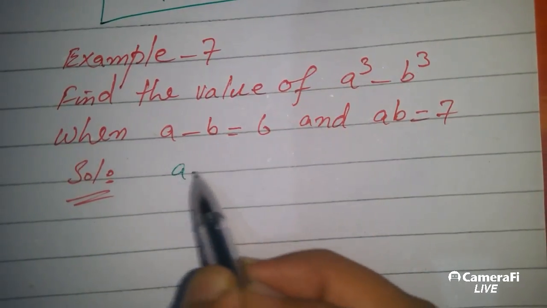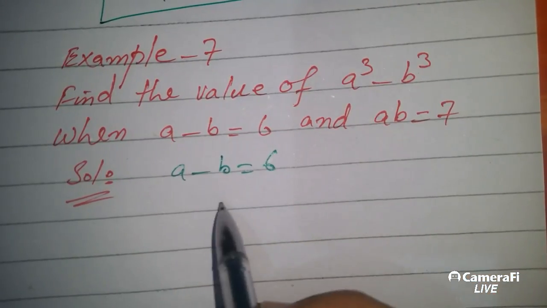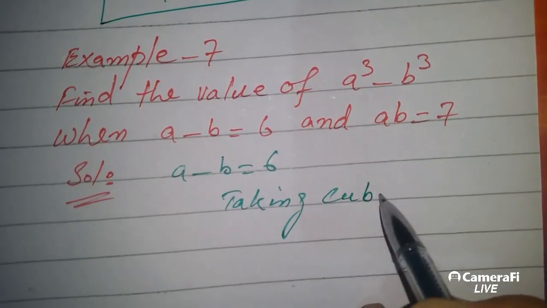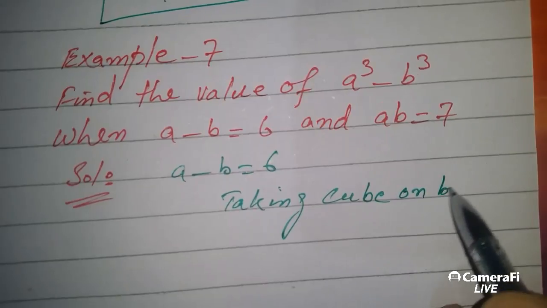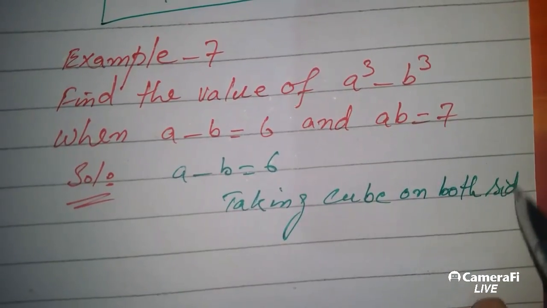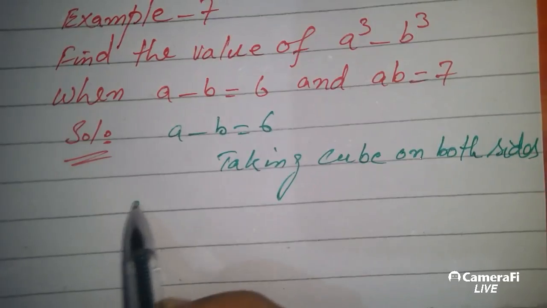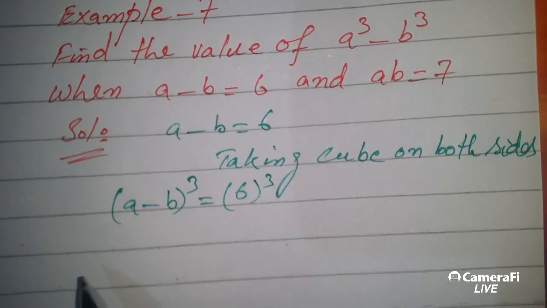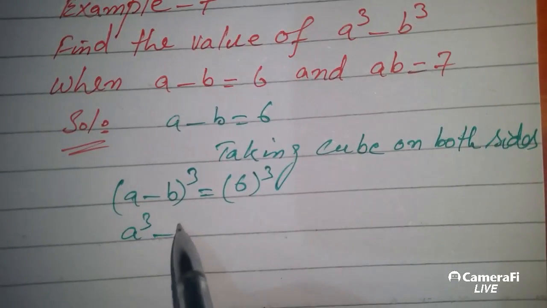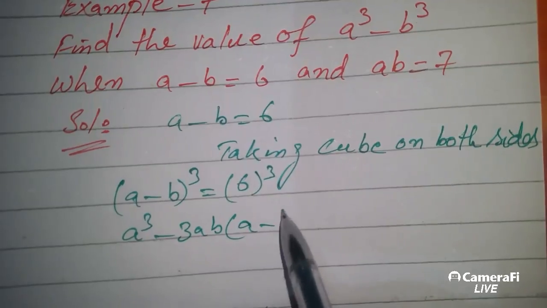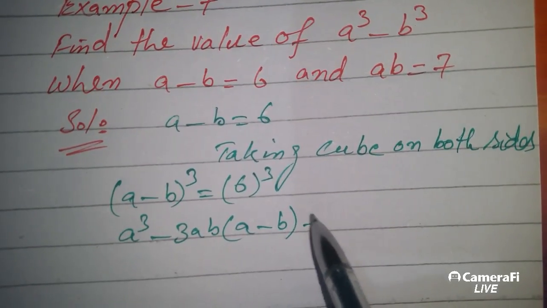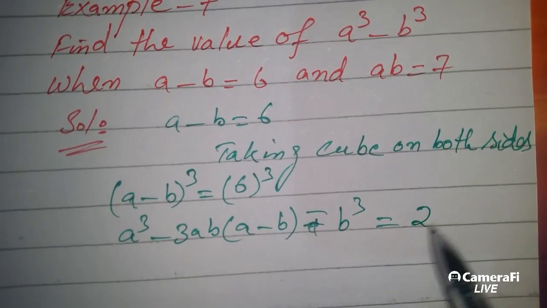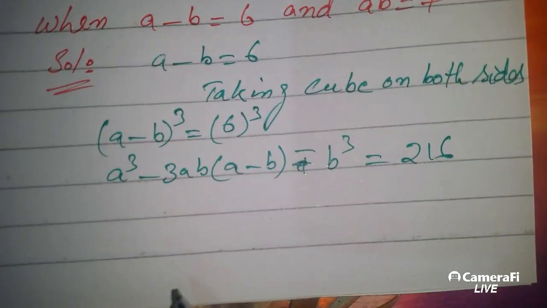Here we have a minus b equals 6, taking cube on both sides. So a minus b raised to power 3, 6 raised to power 3, a cube minus 3ab into a minus b plus minus b cube, and 6 raised to power 3 is 216.